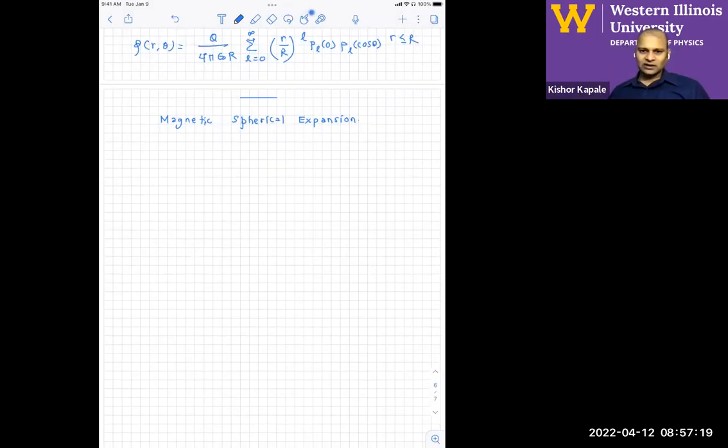Okay, so let's take a look at this again. Let's take a look at where we get the spherical expansion. First, we do the scalar potential.